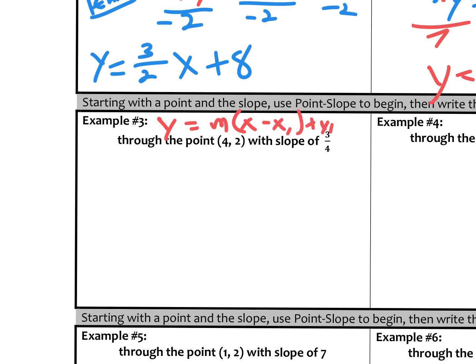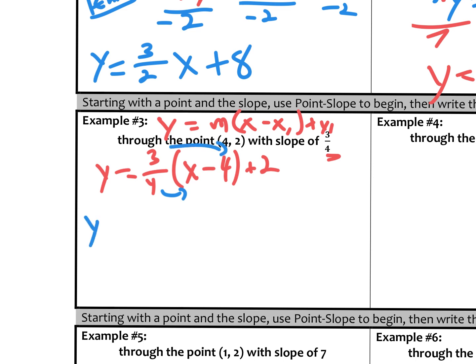So we're going to plug some items in. This is my slope, so 3 over 4. And then I have x minus 4, just plugging it in, and then plus 2. So now whenever I'm changing this to slope-intercept form, we're going to distribute. This is a topic we've been talking about since day 1 in here. So that equals 3x over 4, and then I have negative 4 times 3 over 4, bringing down the plus 2.